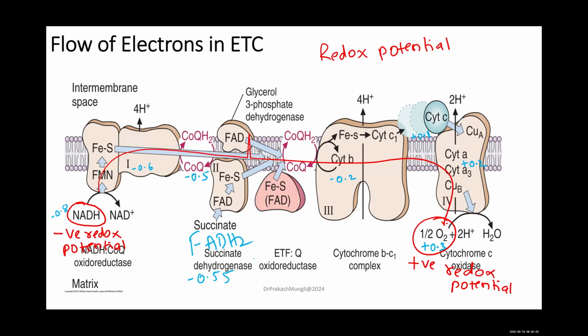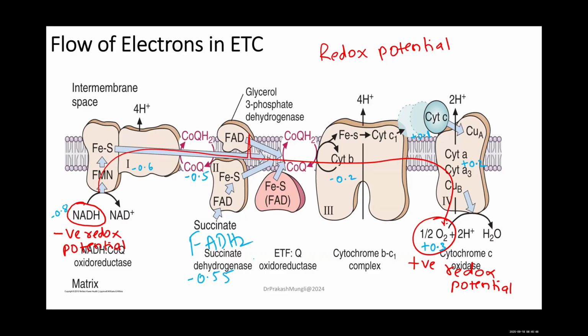This is how the flow of electrons goes, and this is the basic principle of the electron transport chain. That is why the flow is very systematic. They have to go in this direction. Okay, so that is the redox potential. What you really need to remember is that electrons and protons in the electron transport chain flow from the highest negative redox potential to the highest positive redox potential.